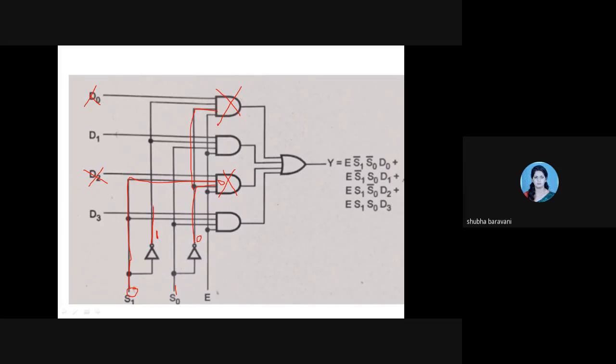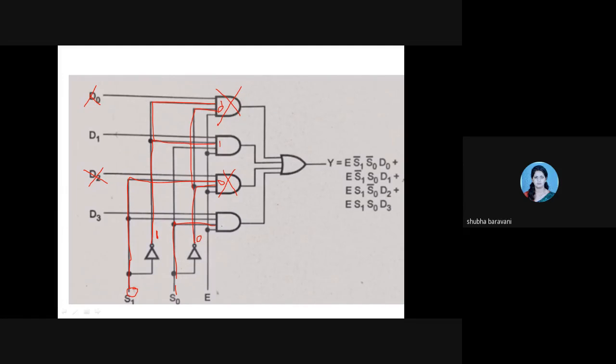That is being applied to the second AND gate. And applied to the first AND gate, there is no use because here S0 was 0. Now S0 is 1, it's being applied to this.